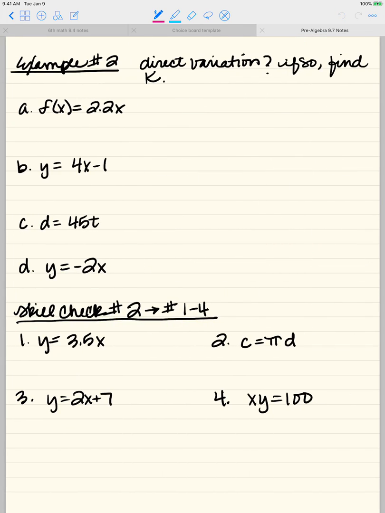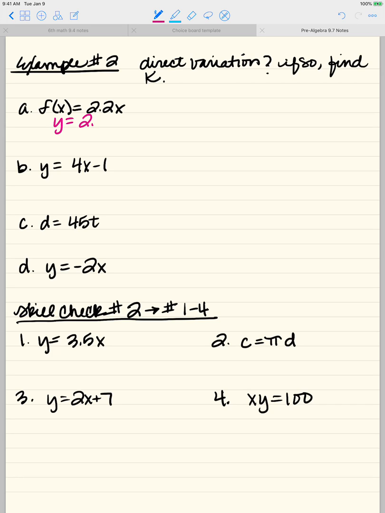Example number 2. Indicate which of these equations is a direct variation. If so, identify or find what k is. Working through this example is going to give us a couple rules that we need as we work through direct variations. Number 1 says f of x is equal to 2.2 times x. Remember, f of x is synonymous with y.